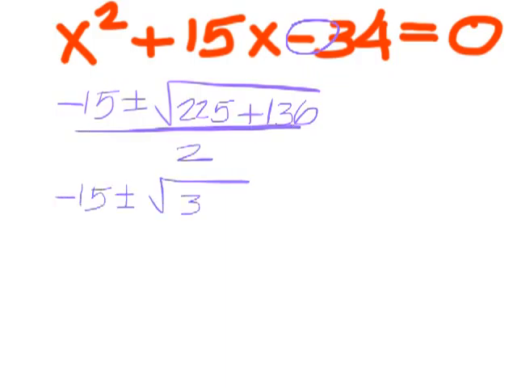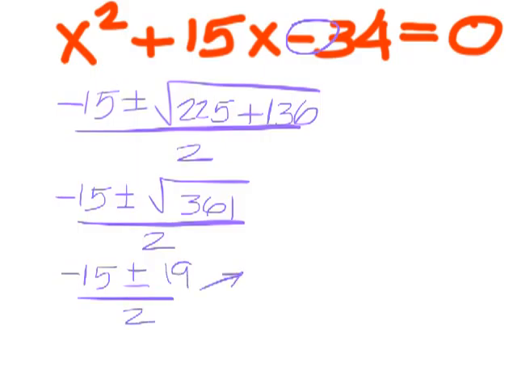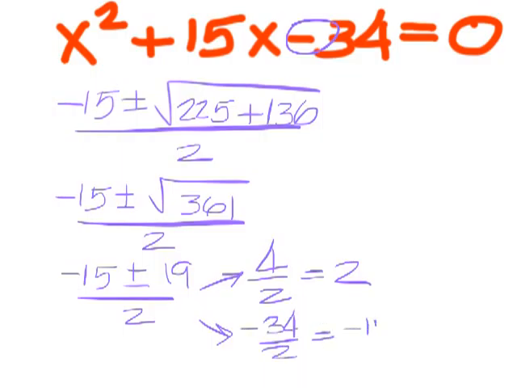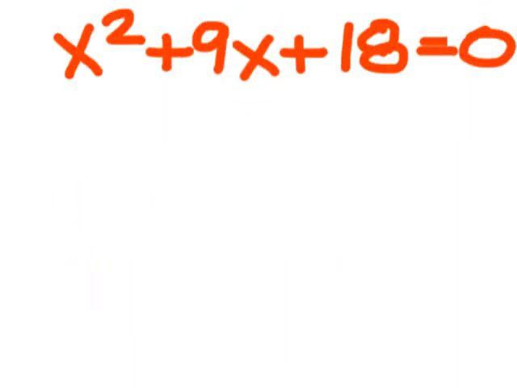So under the square root sign, that is 361. And its square root, which we've had twice today already, is 19. This one is -15 plus 19, which is 4, and that's a +2. And then down here, -15 minus 19 is going to be a -34, divided by 2 is -17.